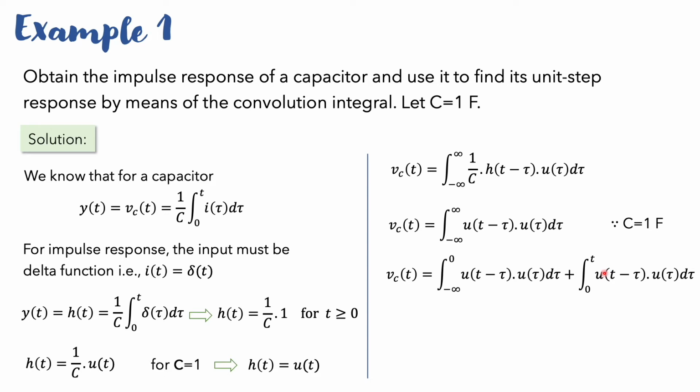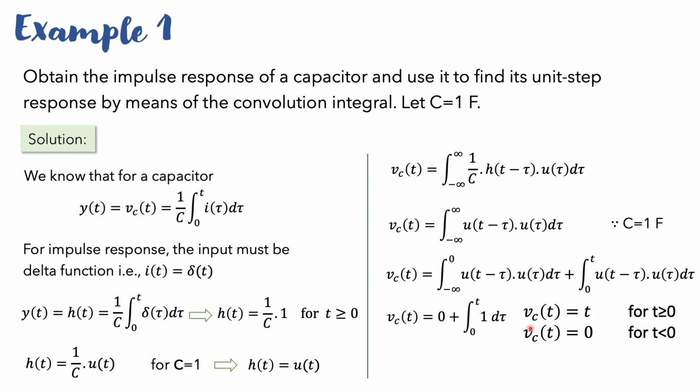The signal ends after that. So 0 until t is the duration of the signal after 0. In this duration, the unit step function has a magnitude of 1. So this part reduces to 0, and this part is 1.